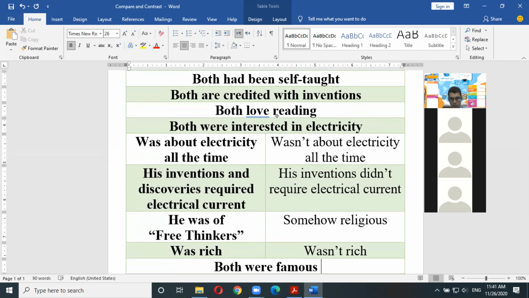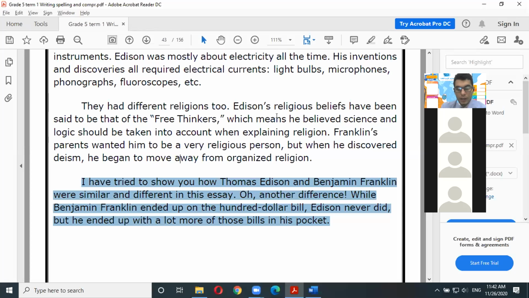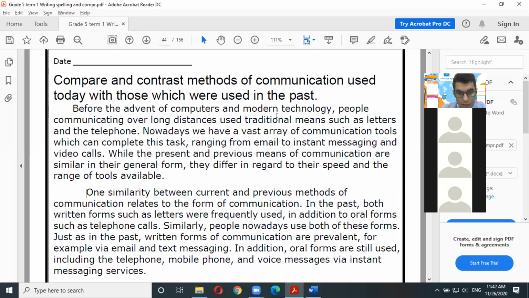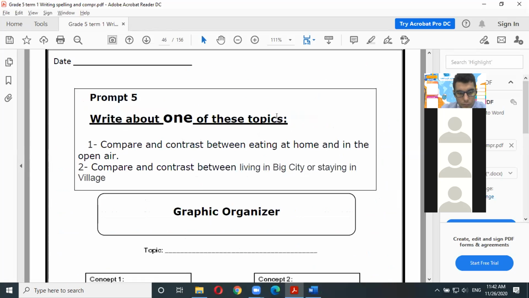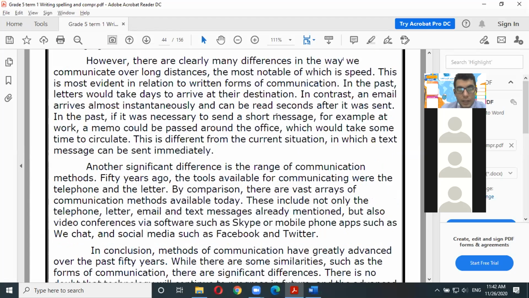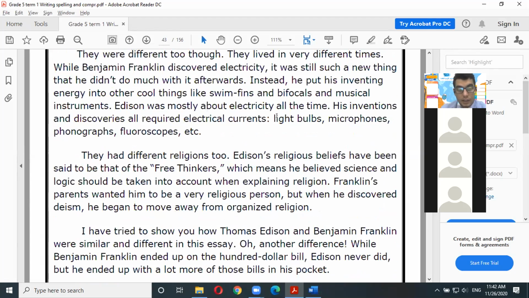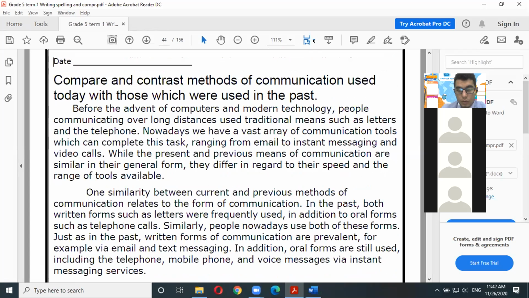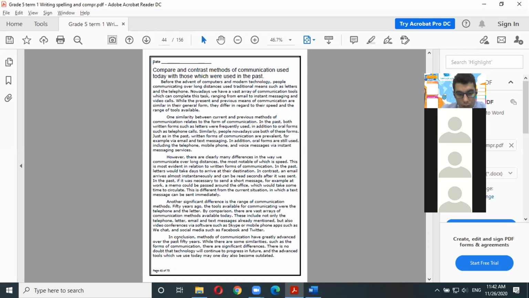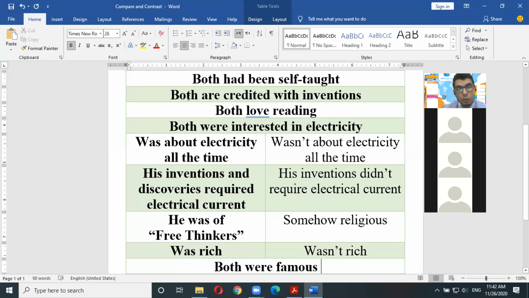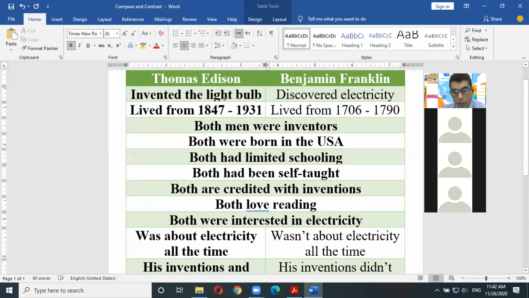And those are the contrasts between them two. Okay, now for 10 minutes you are going to do the same one. It's in the booklet, page 43. For the computer or methods of communication, you're going to make me a table like that one.